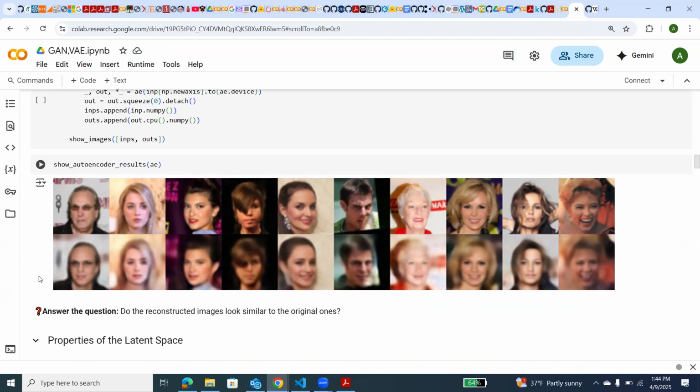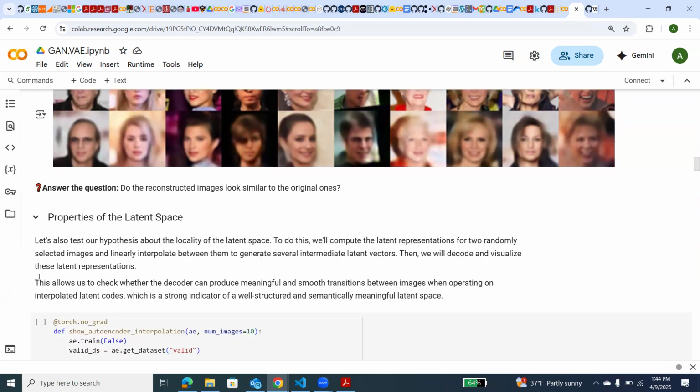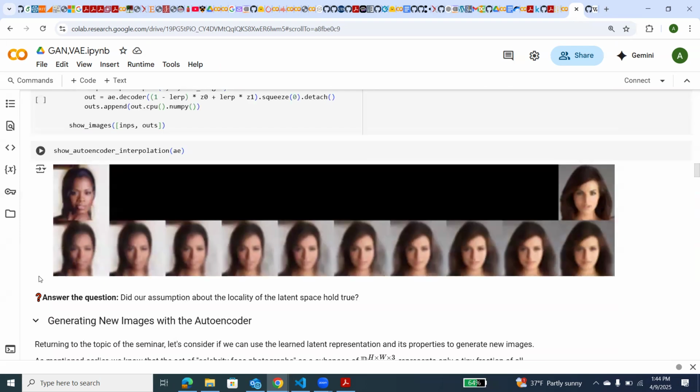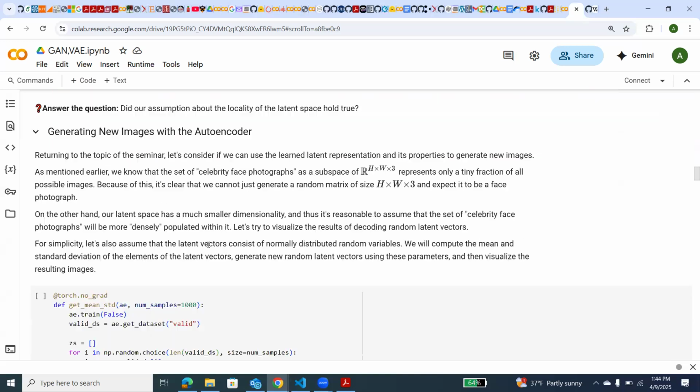You can see that they look a little bit similar, a little bit blurry. So the autoencoder actually does its work of reconstructing the images. We can also look at the latent space, and you can see that the latent space in a standard autoencoder has the property of continuity, so a continuous transformation from one image to another.